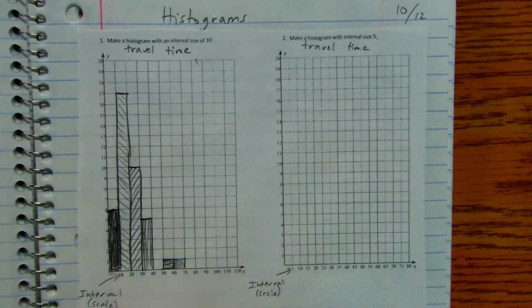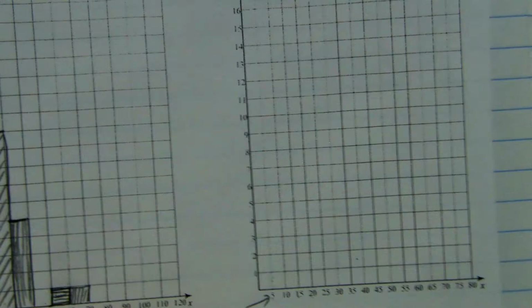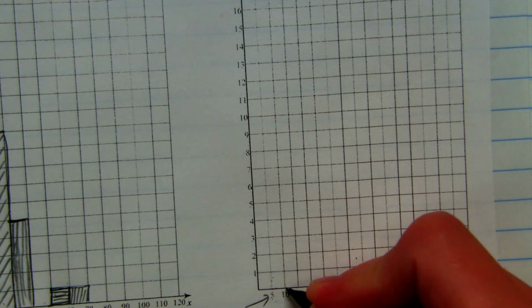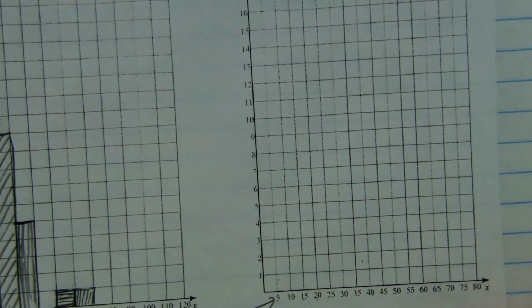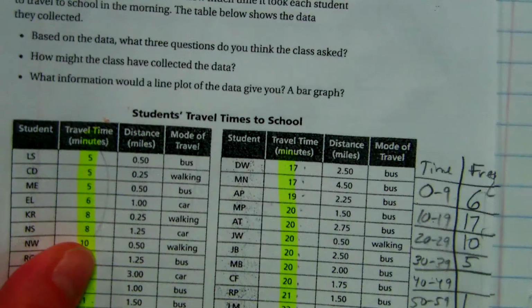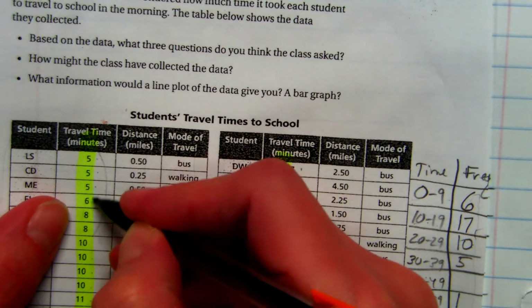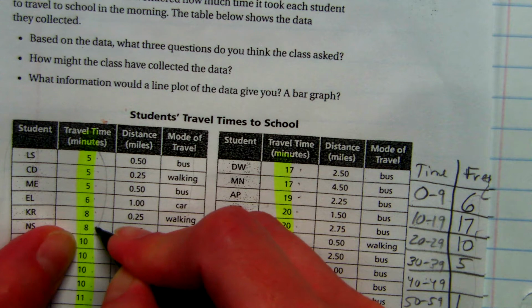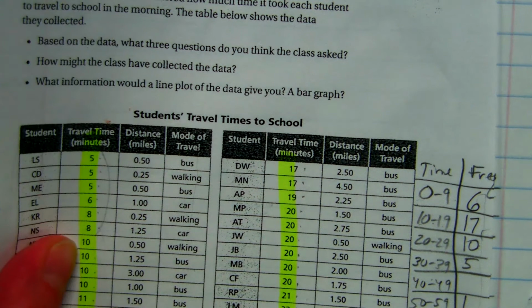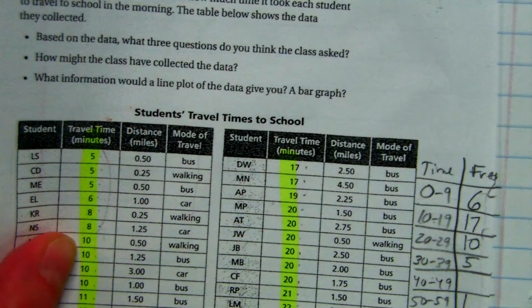So everything in this bar is going to be from 5 up to 9, and then 10 goes with the next one. So everything from 5 to 9 is what we need to look for. So we've got 1, 2, 3, 4, 5, 6 kids that were from 5 up to 9. Does that make sense? So 1, 2, 3, 4, 5, 6.